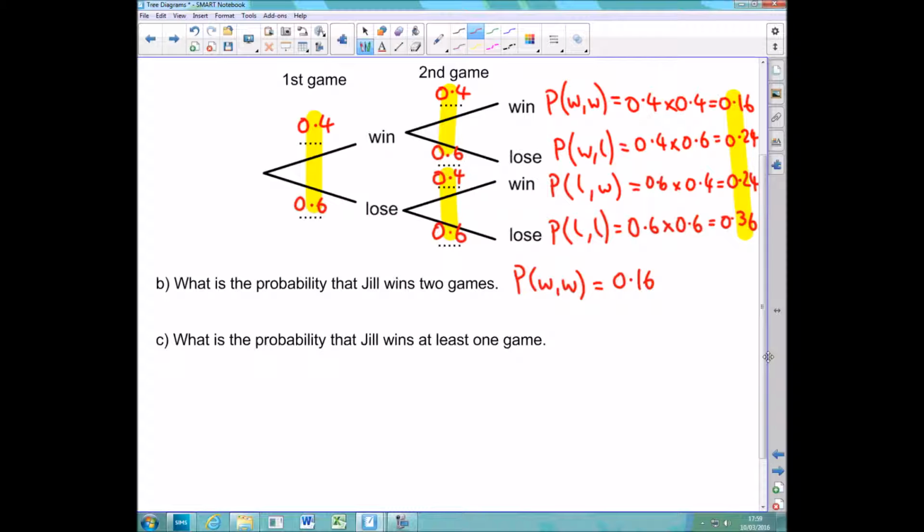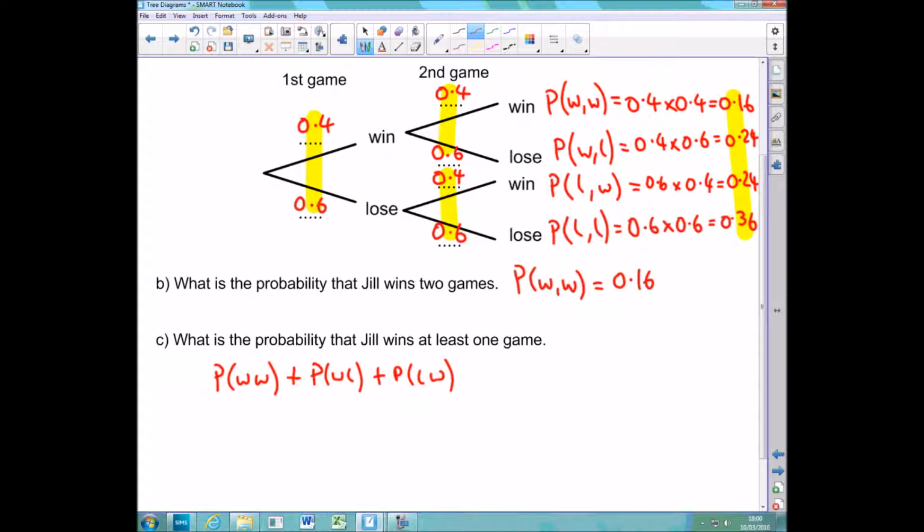Now this second question down the bottom is asking for the probability that Jill wins at least 1 game. Now that means she can either win 1 game, or, because it's at least, she could win both games. So we've got the probability of a win-win, the probability of a win-lose and the probability of a lose-win.